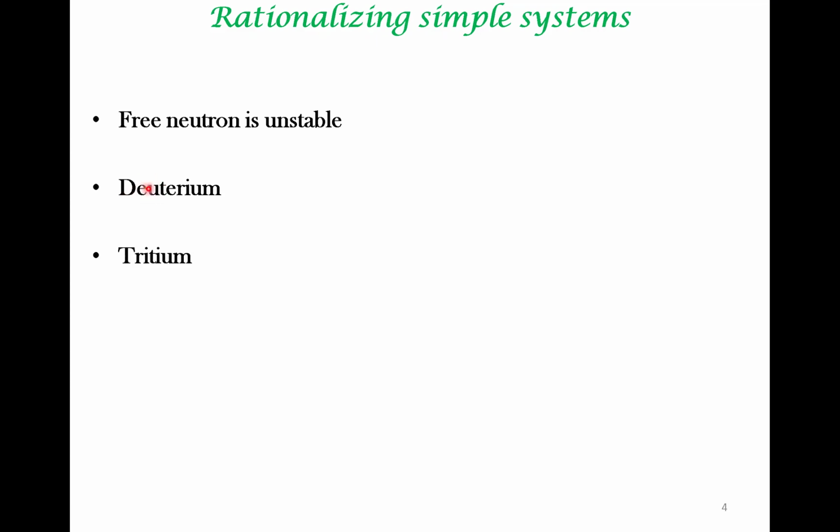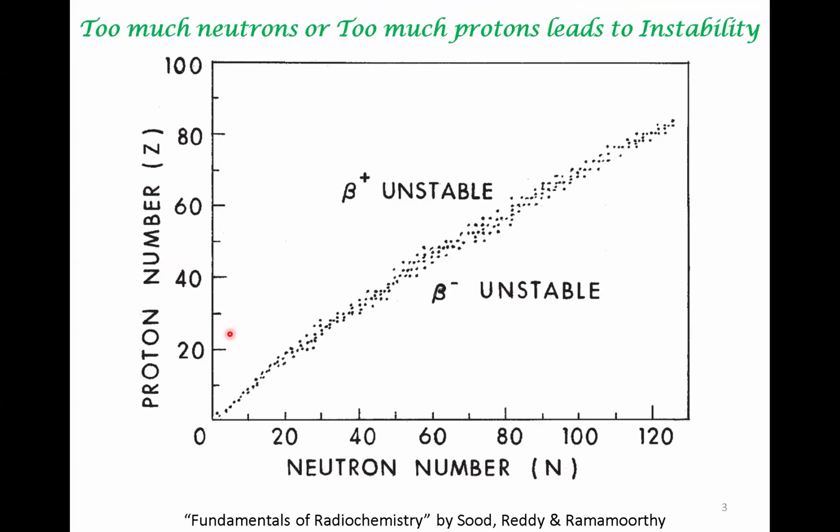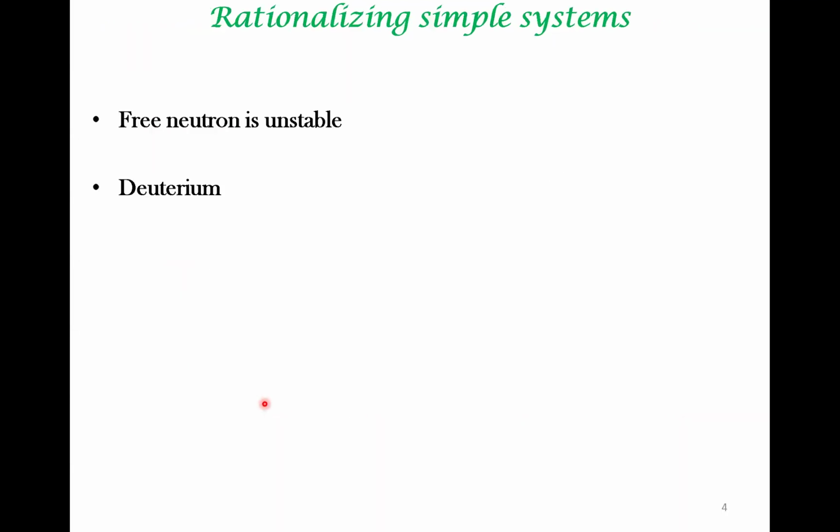However, when you have tritium, you have two neutrons and one proton. This is a case wherein the nucleus has too many neutrons. So in a way, you have already fallen into this region. When you have too many neutrons, what happens is there's a beta decay, right?